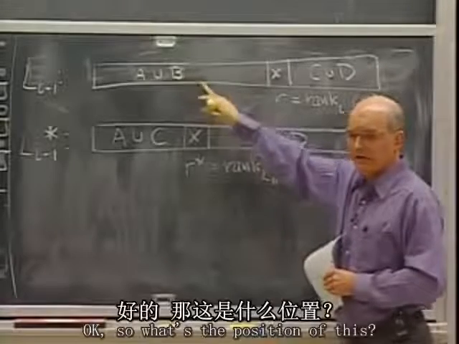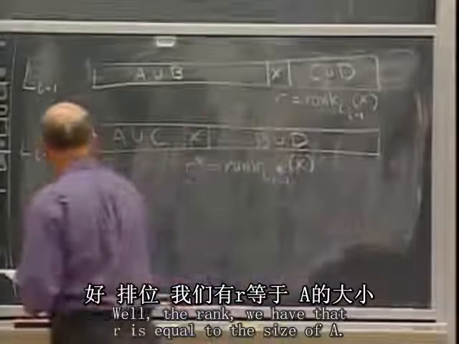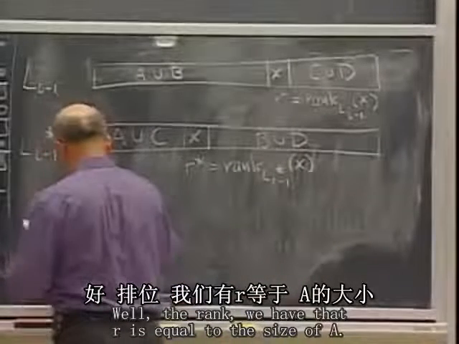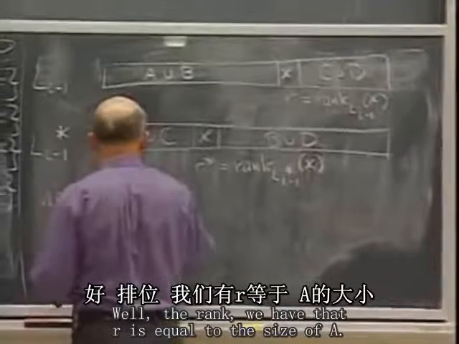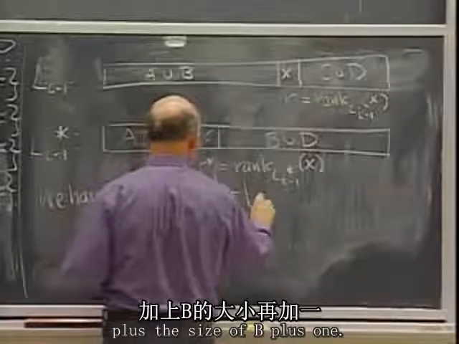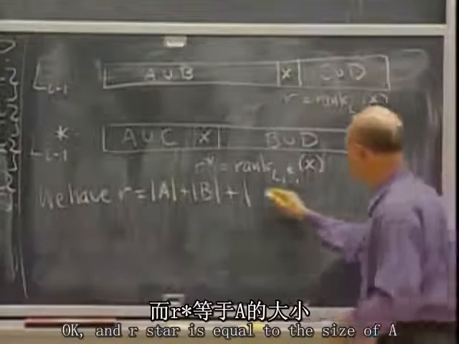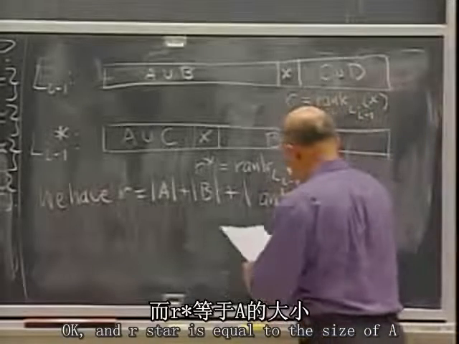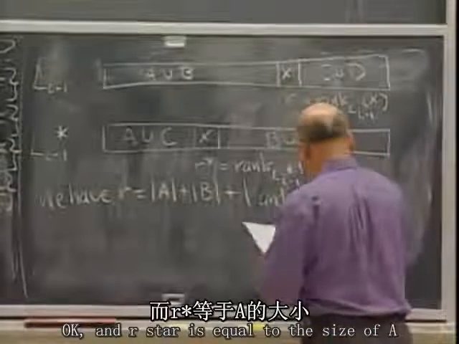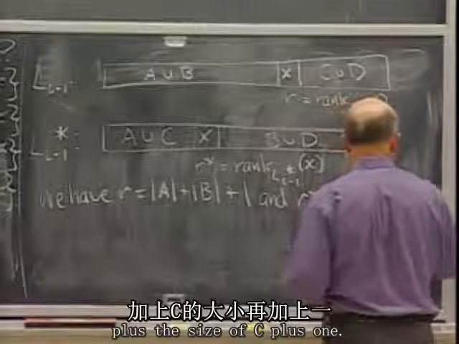So we have that R is equal to the size of A plus the size of B plus 1, and R star is equal to the size of A plus the size of C plus 1.